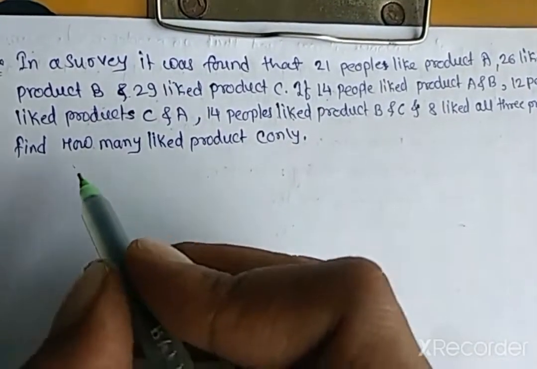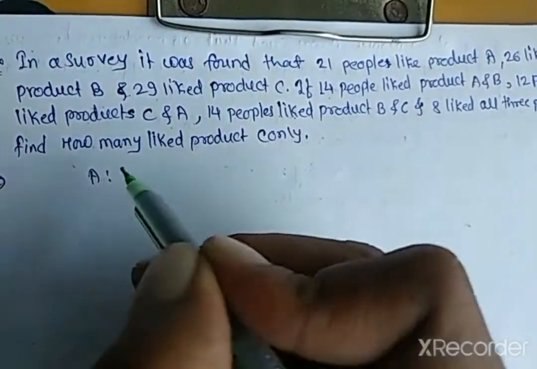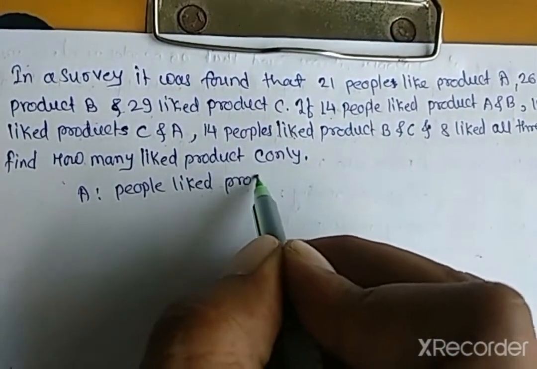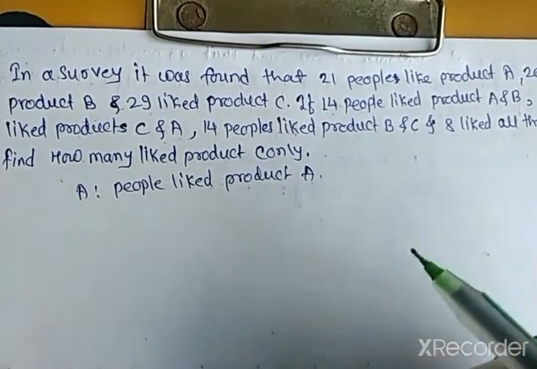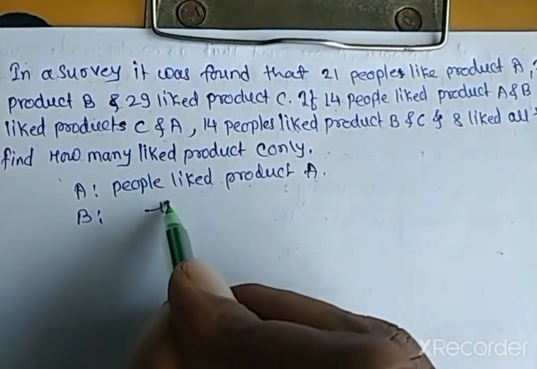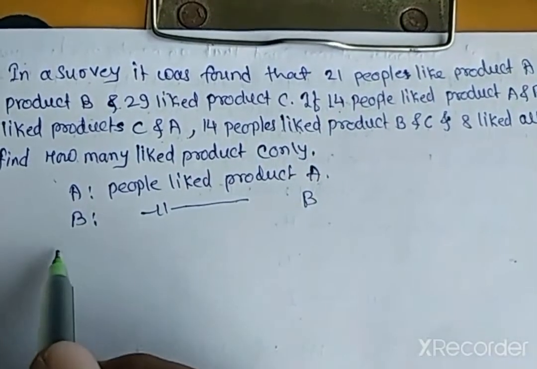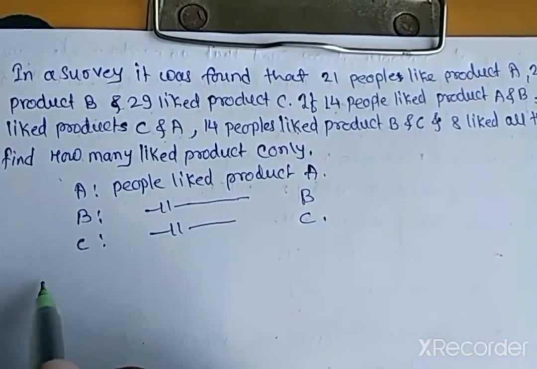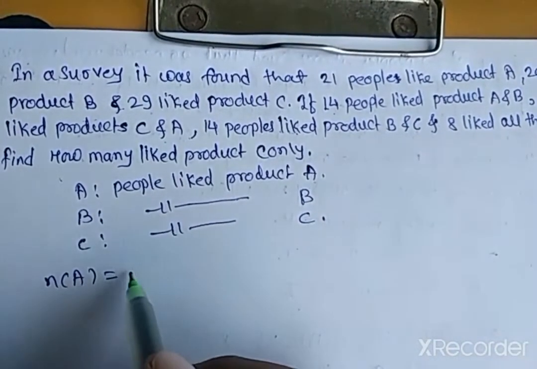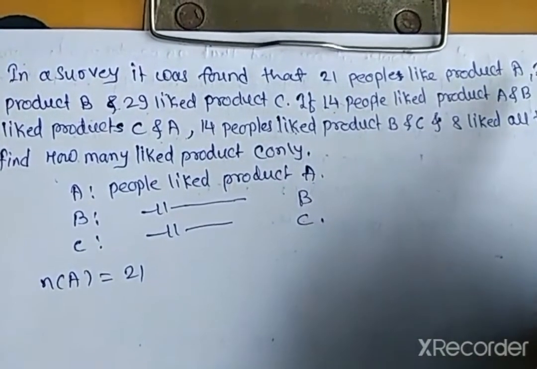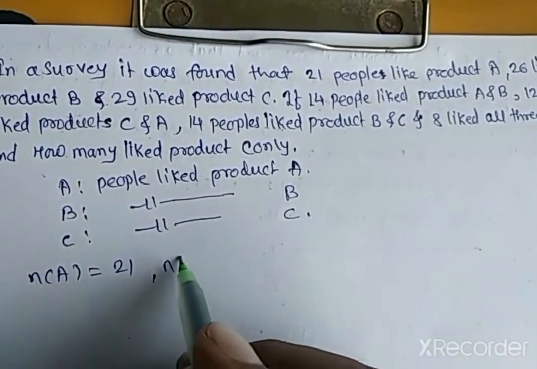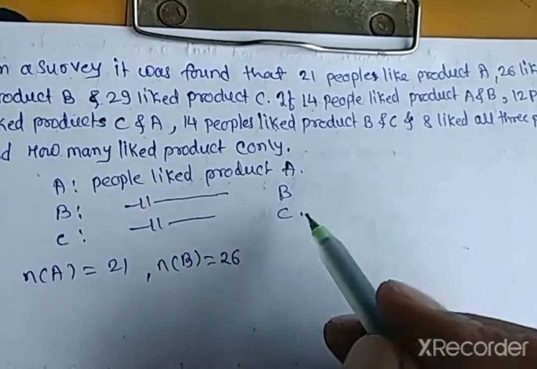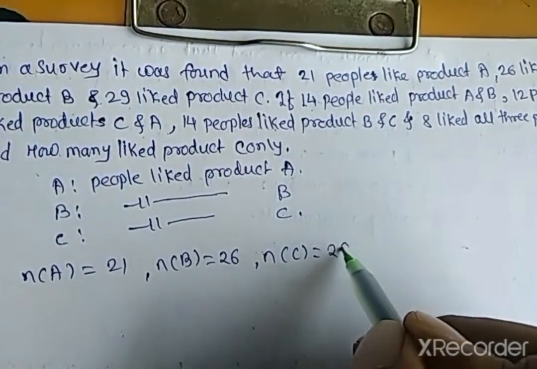So here we define set A as people who like product A, B as people who like product B, and C as people who like product C. Now n of A is given as 21, people who like product A. Next, n of B is equal to 26, and 29 like C, that is n of C is equal to 29.